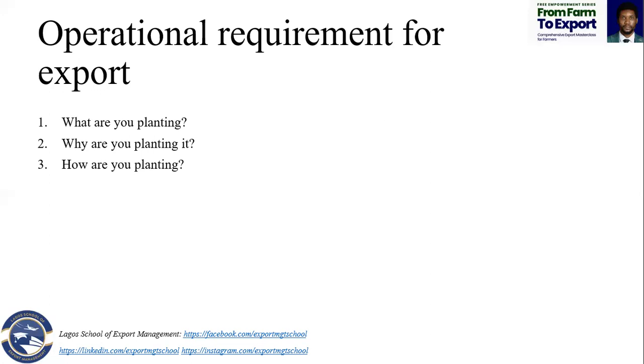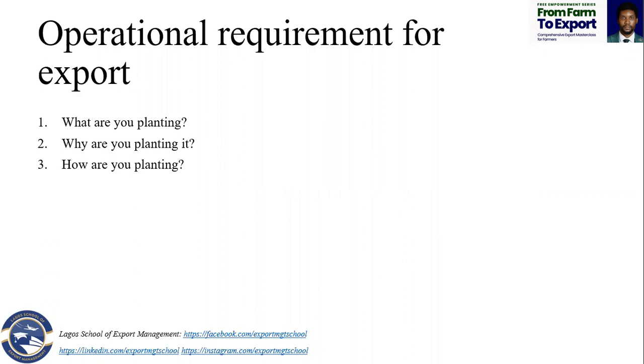Then, how are you planting? One of the things you also need to understand is standards. You have to meet some criteria to actually export some products to certain countries.